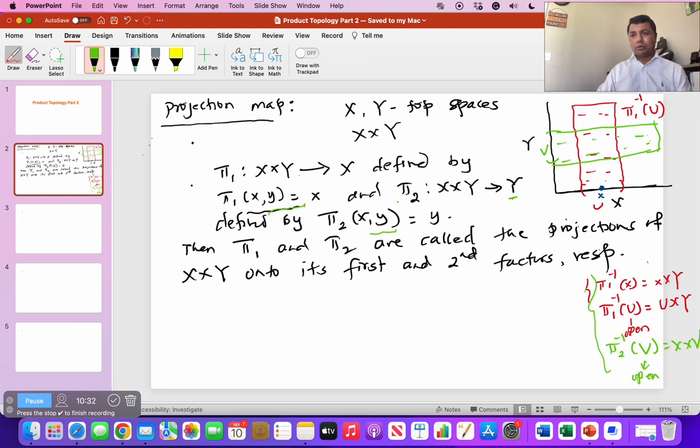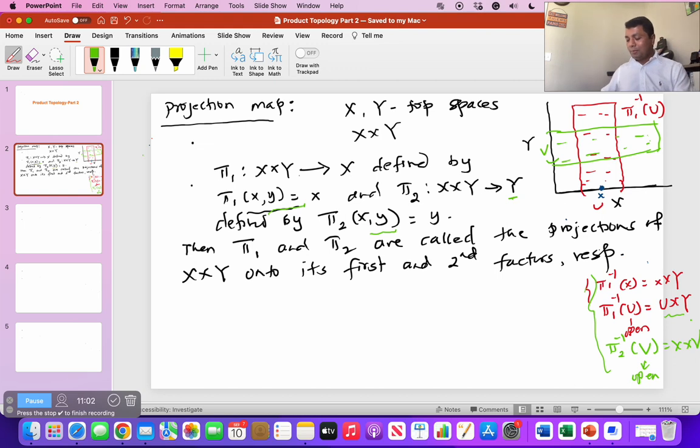And we have seen that if you take the inverse image of an open set in x, that's going to be this Cartesian product, and that inverse image is also open. Similarly, if we take the inverse image of an open set V, which is a subset of y, then that inverse image is going to be the Cartesian product of x and V, and that is also open. That is what we have so far.